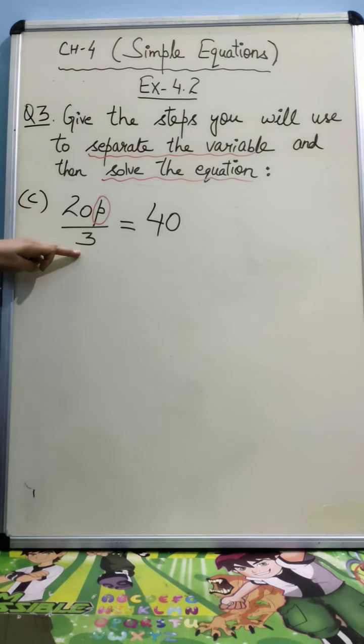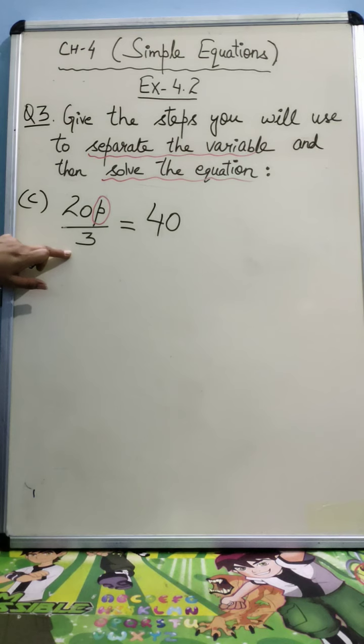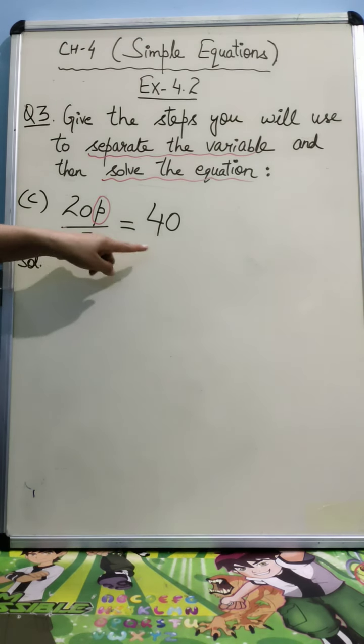See, first we can see here the denominator is 3. So first we will remove this 3. Okay. So how can we remove this 3? It is in division. So to remove it, we have to multiply. If divide is there, we have to multiply by the denominator on both the sides.